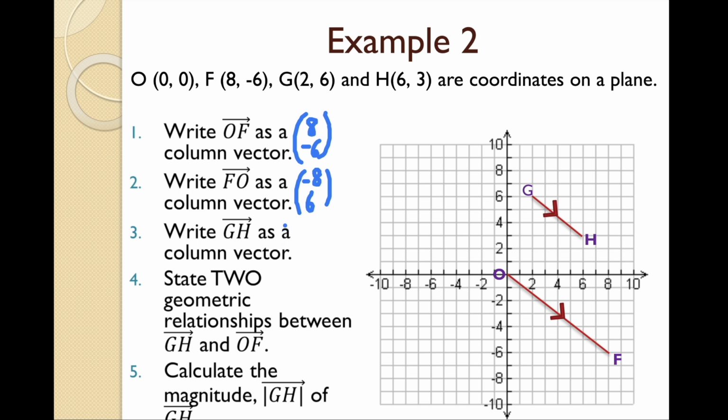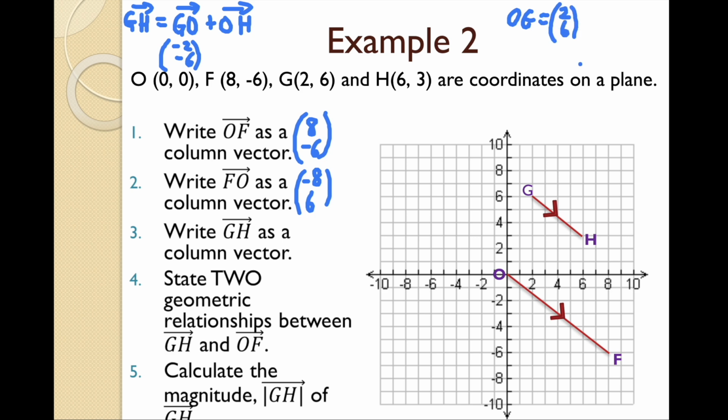Now GH. Let's just pretend we did not know GH was here. How could we work this out? G to H. Excellent. So GH would be equal to G to O plus O to H. So G to O is what? -2, -6, right? I know that because OG is 2, 6.